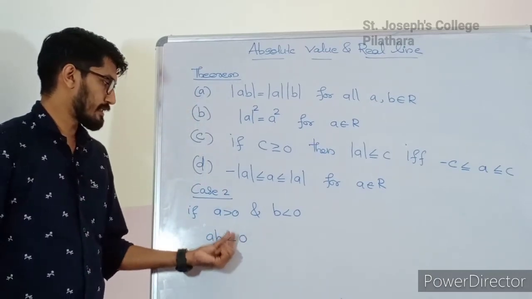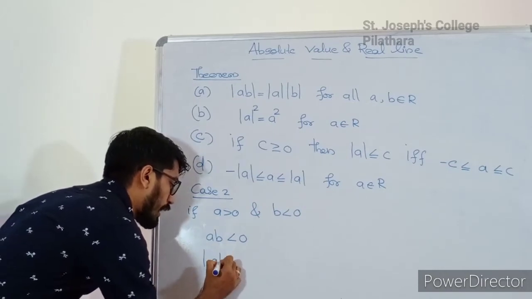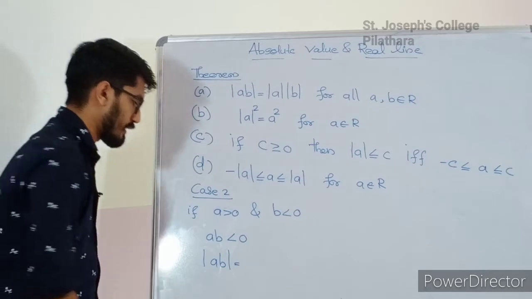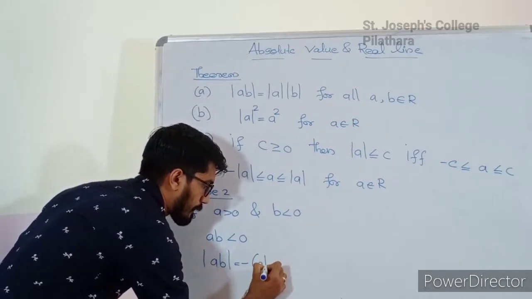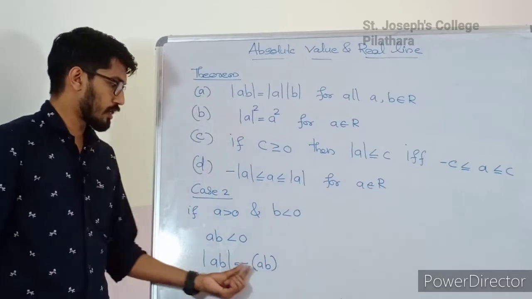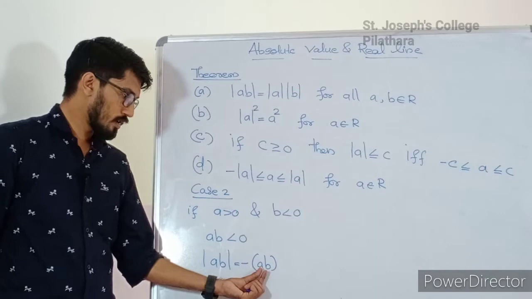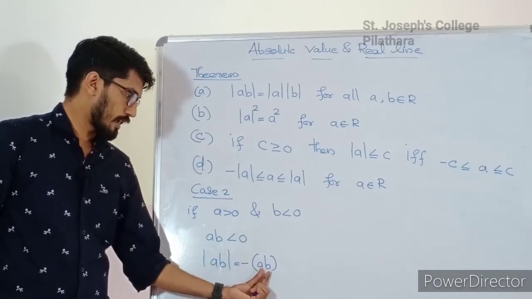Therefore, modulus of AB is equal to minus of AB, from the definition of absolute value of a real number.